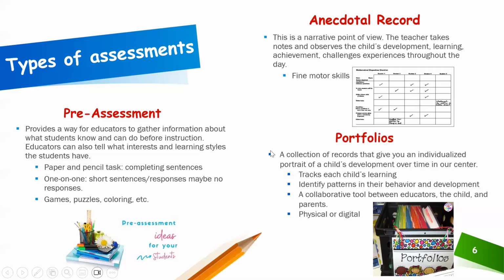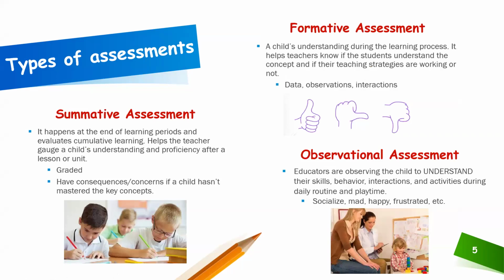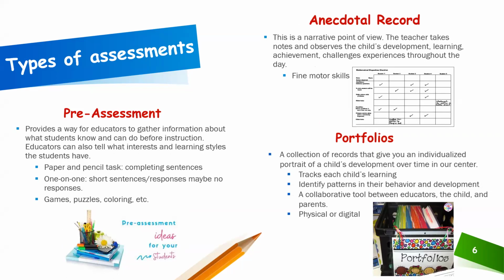It's important to understand that the anecdotal record and observational assessments are two different things. The observational is seeing how the student is, and the anecdotal record is how the child reacts and interacts.